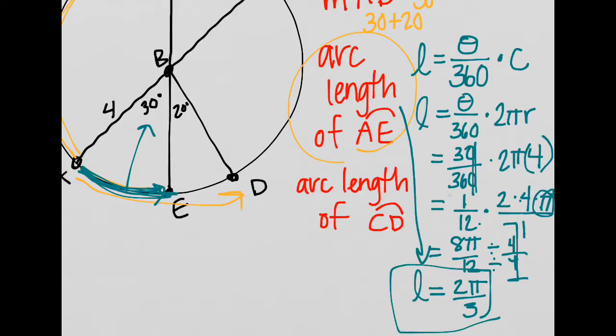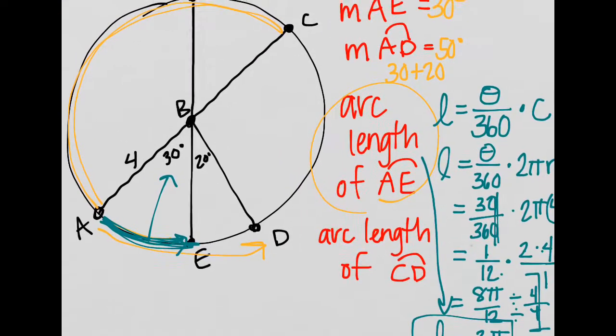Okay, arc length of CD. Well, let's zoom out a little bit. CD, wait a minute, I don't even have an angle measure for. Definitely going to need that. So, can I find that? Do I have enough information? Well, I do, because I know that ABC is a straight line, which means all of these angles together have to add up to what? 180.